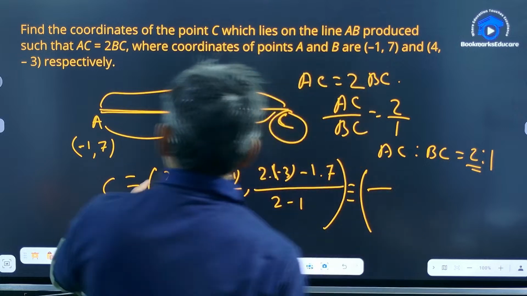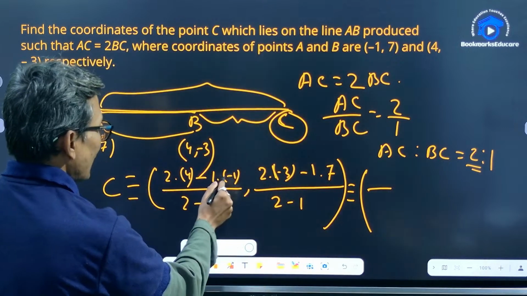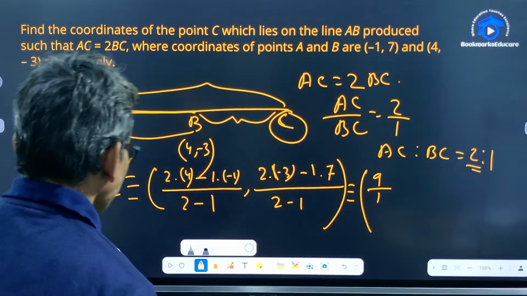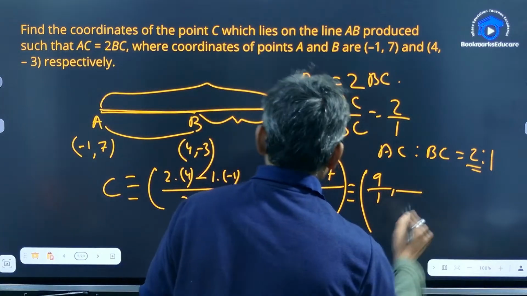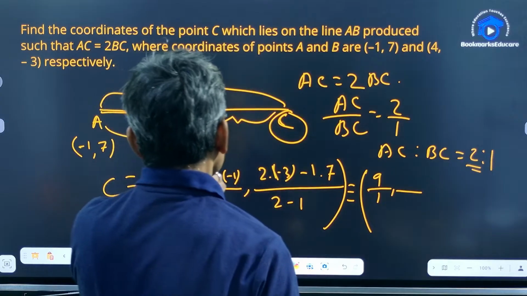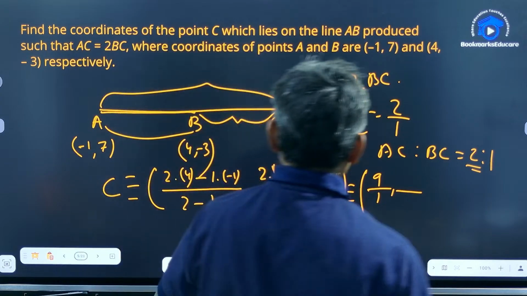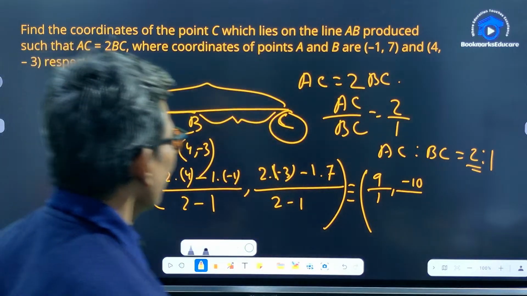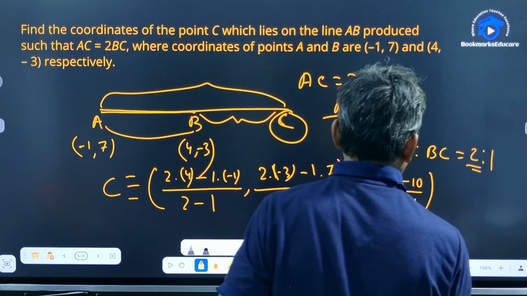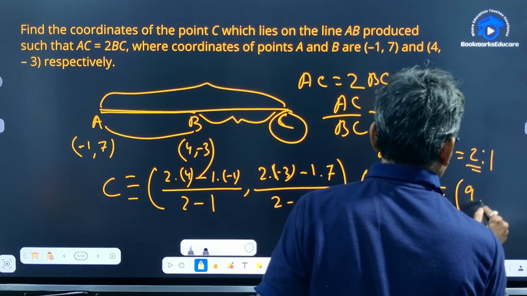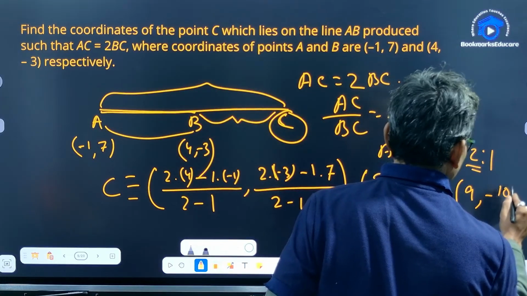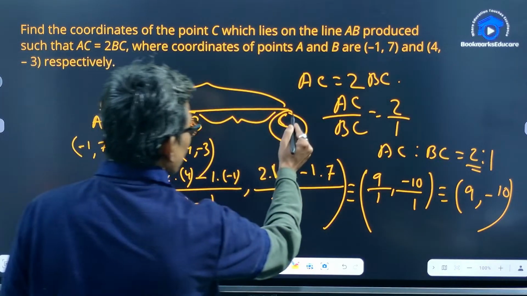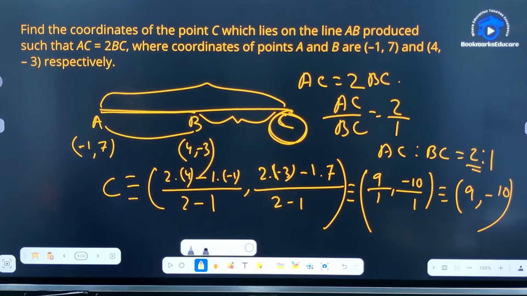So (8 plus 1, minus 6 minus 7... ) by 1, which gives 9 comma minus 10. So (9, -10) is the required coordinates of the point C.